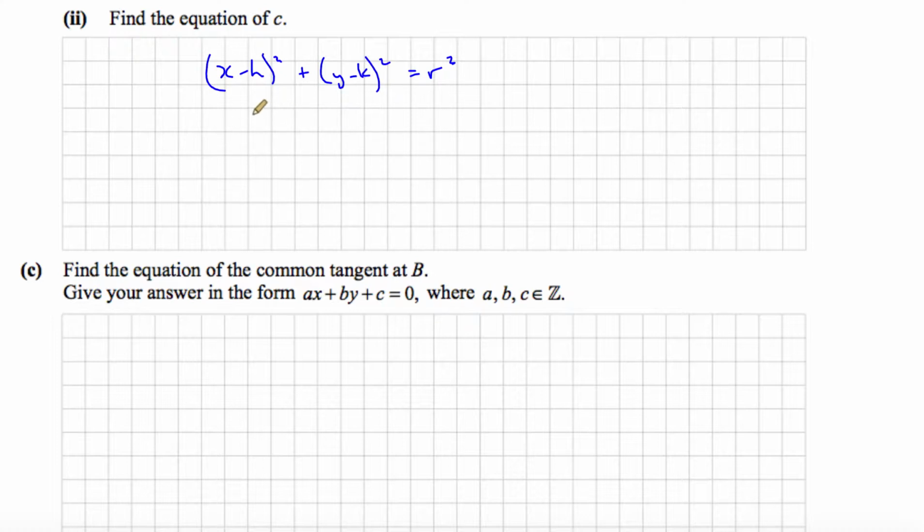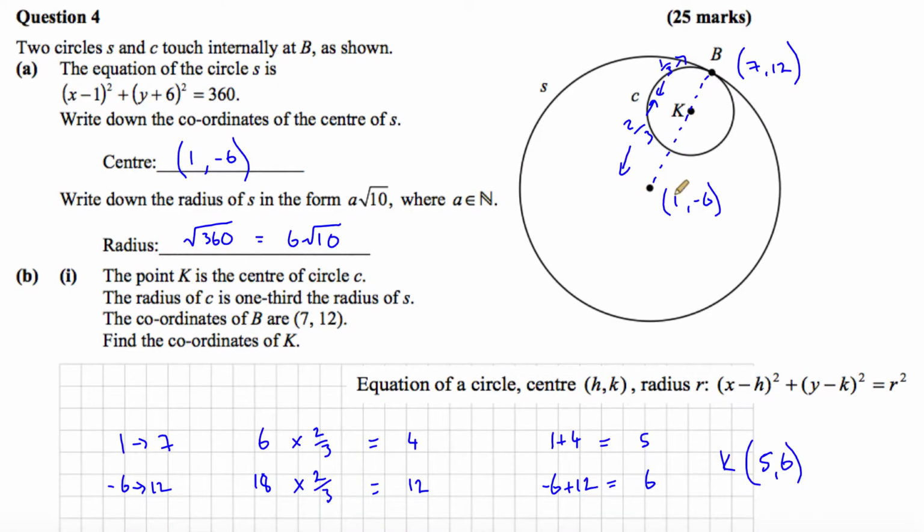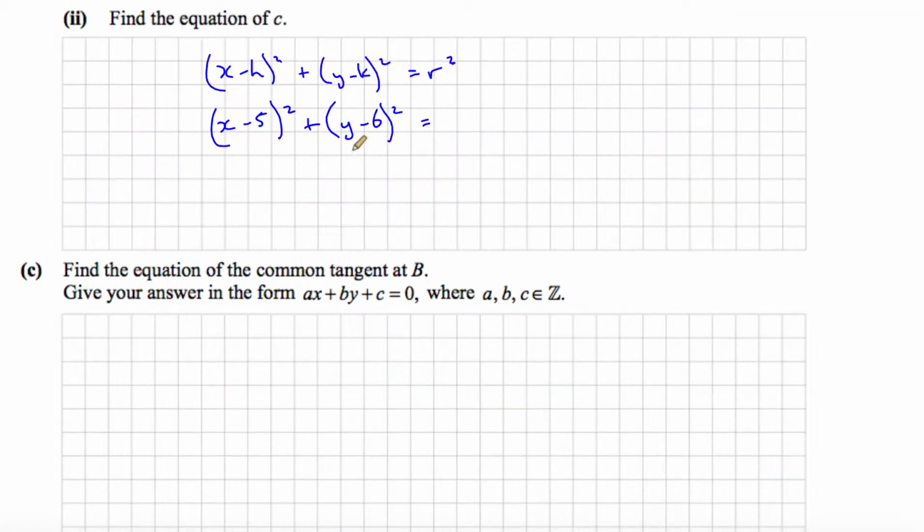So the equation of C, the center of C was (5, 6), so it's (x minus 5) squared plus (y minus 6) squared is equal to the radius squared. Now the radius of C, if you remember, the radius of the small circle is 1/3 the radius of the big circle. So 1/3 of 6 root 10 would be that divided by 3, which is 2 root 10.